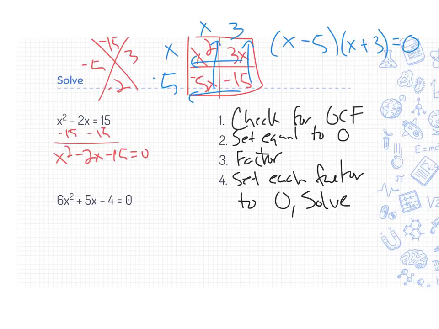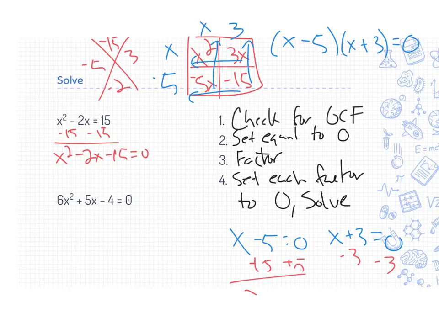So in this case we're going to have x minus 5 equals 0, x plus 3 equals 0, add 5, subtract 3, and we get x equals 5, and x equals negative 3. So our answer here is x equals negative 3 and 5.